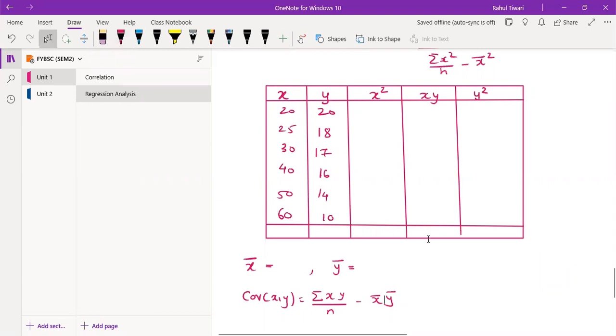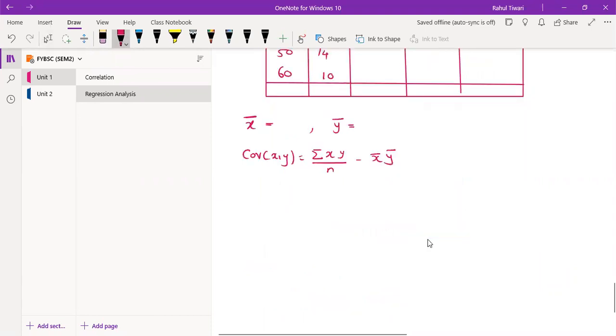Then find out variance of x, which is summation x square upon n minus x bar square. And then calculate b, which we call byx, the regression coefficient.